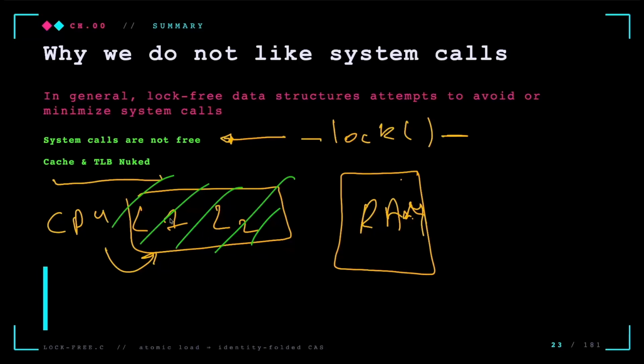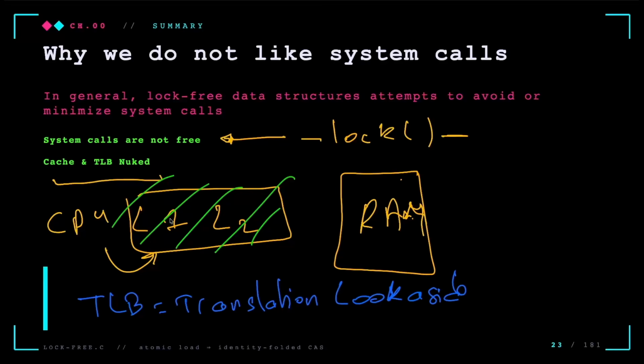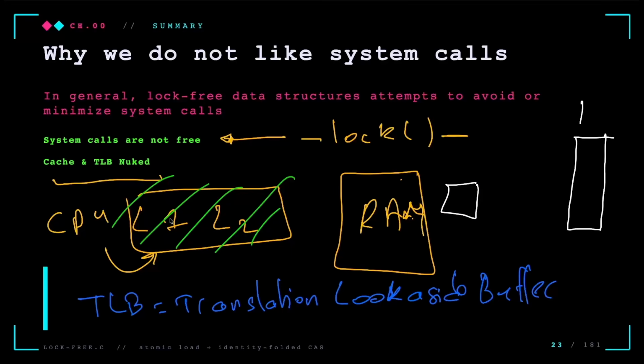The other thing is the TLB, which stands for translation lookaside buffer. Usually your program doesn't get direct access to the RAM. We have the physical RAM and we also have virtual addressing.